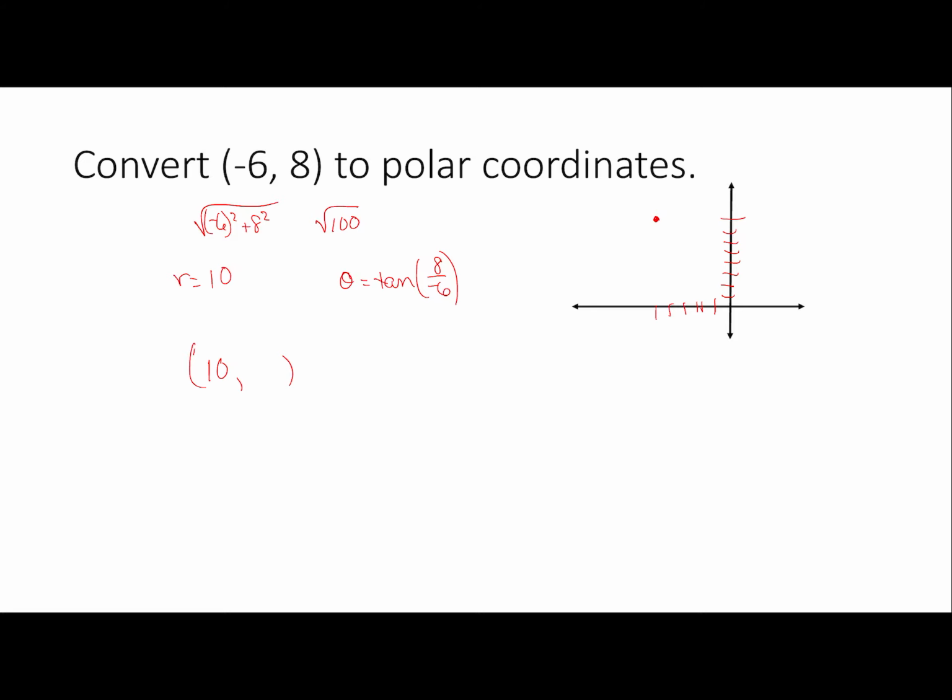Put it in degree mode so it's more comfortable and familiar; it doesn't matter which mode you choose. Inverse tangent of 8 divided by 6 tells me I have a 53.1 degree angle, but this isn't a 53.1 degree angle. It is 53.1 degrees short of 180. So 180 minus that answer is going to give us 126.9 degrees.